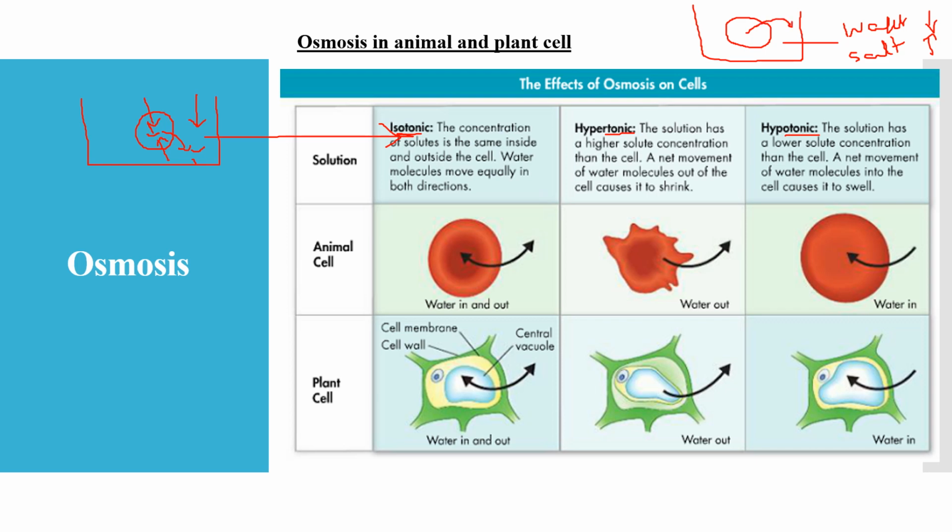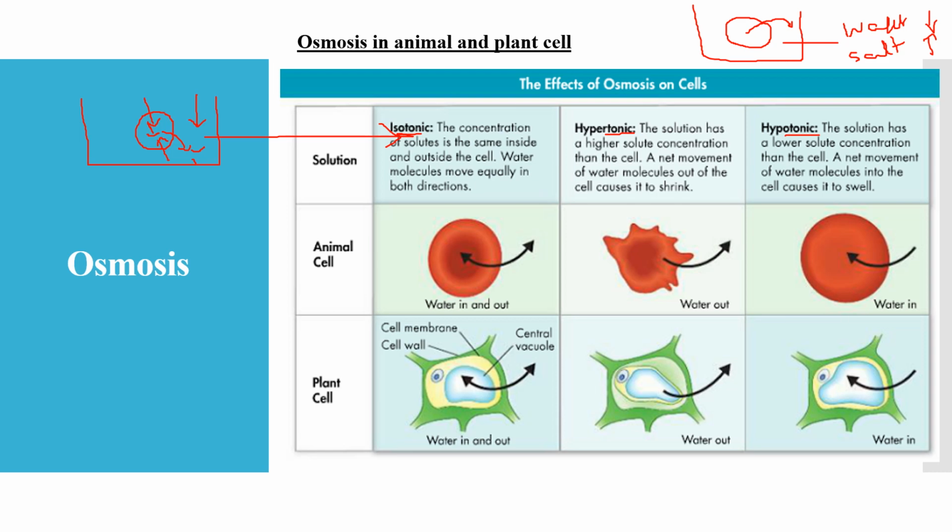Whereas in case of hypotonic solution, the solution has a lower solute concentration than the cell, and the net movement of water molecules into the cell causes it to swell. So hypotonic solution is just the opposite of hypertonic solution.